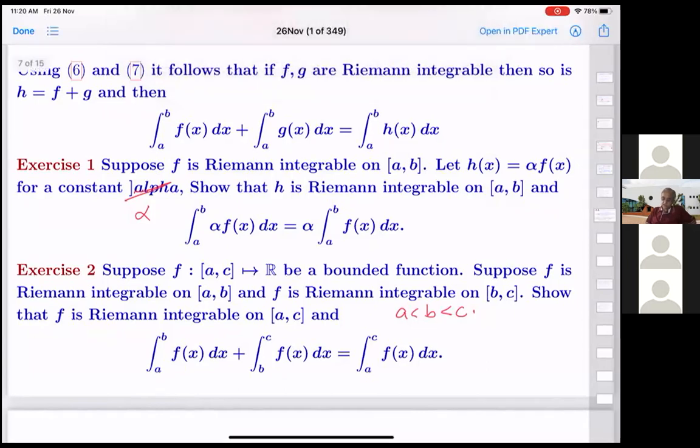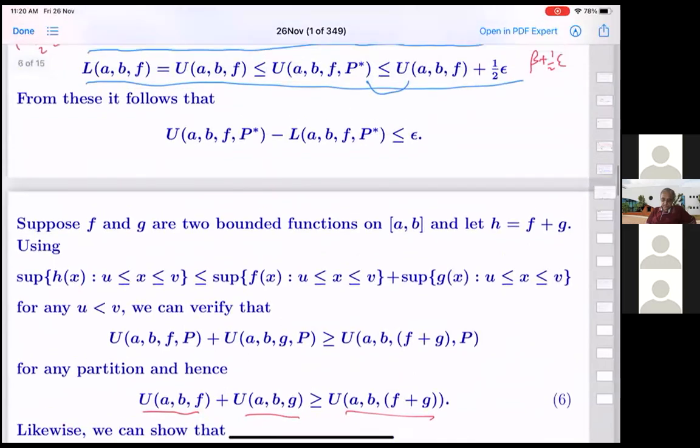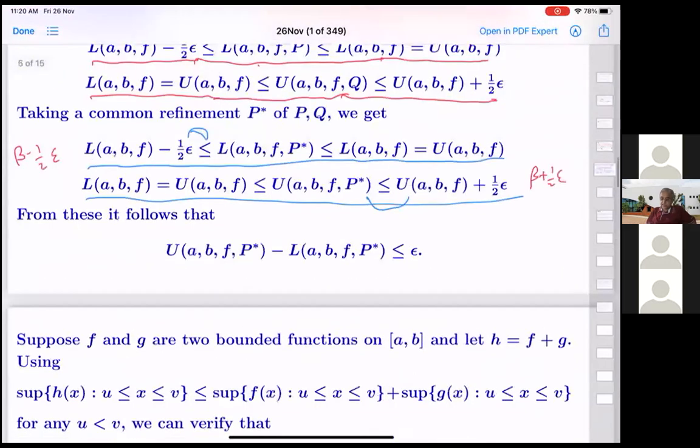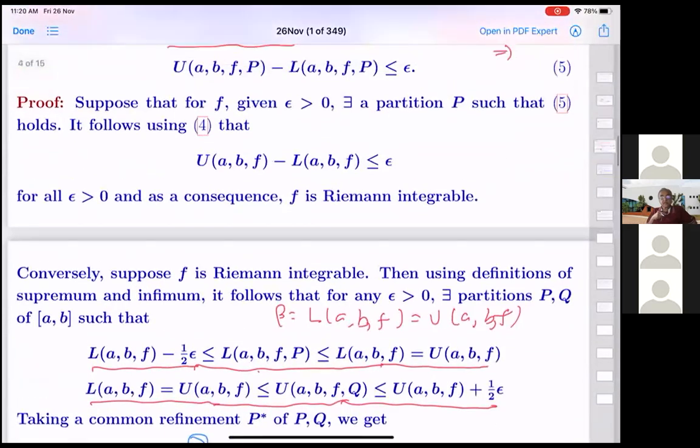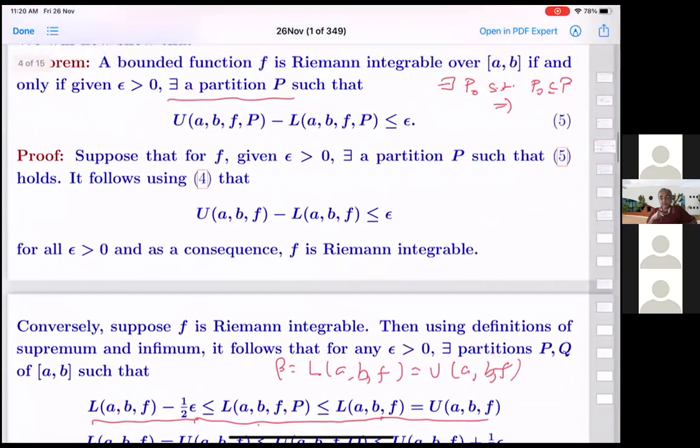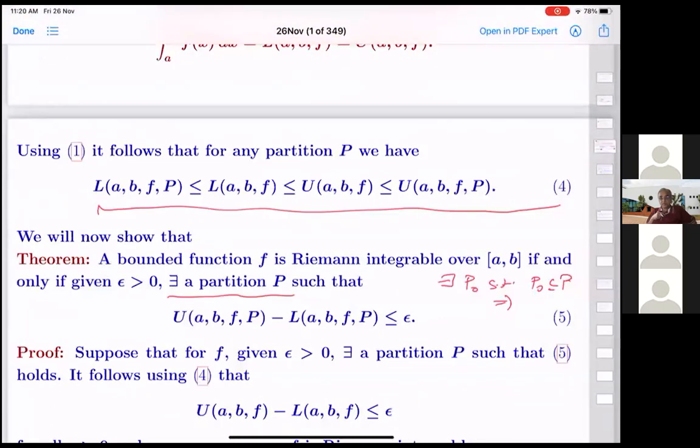Or you can use this theorem about given epsilon, there is a partition. So, for example, A to B, it is integrable.